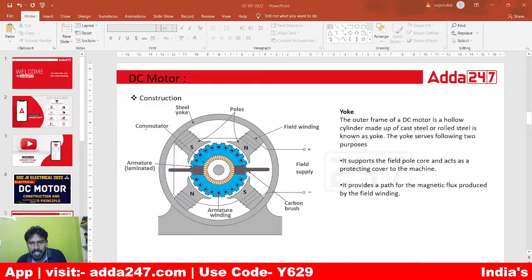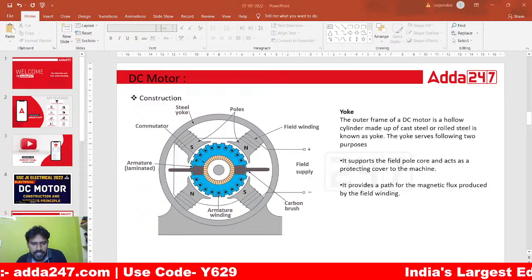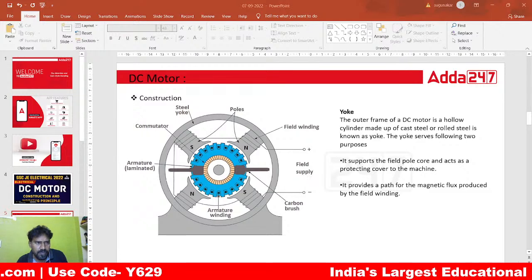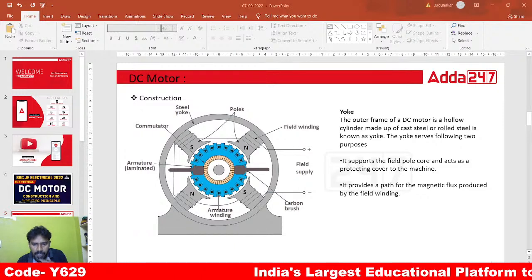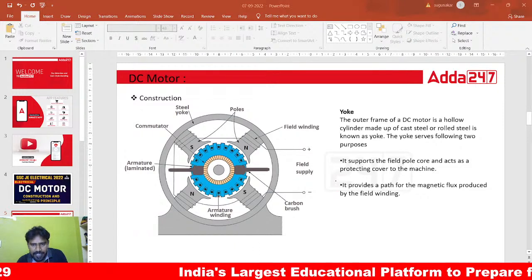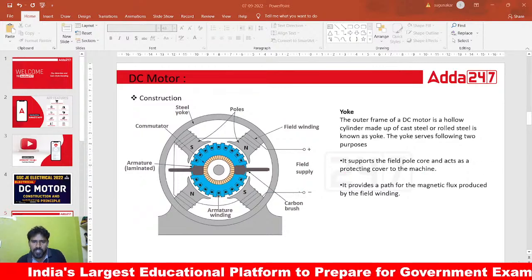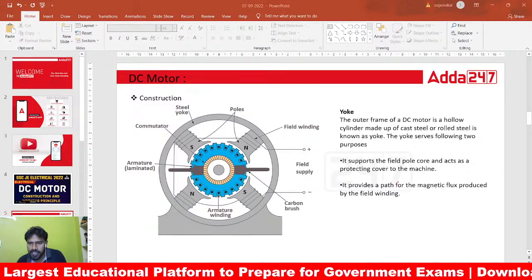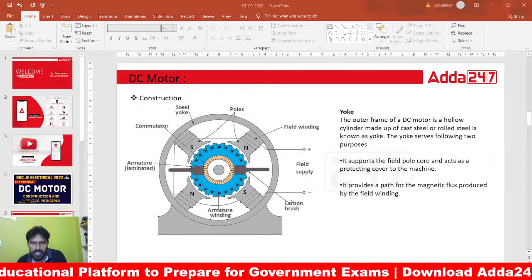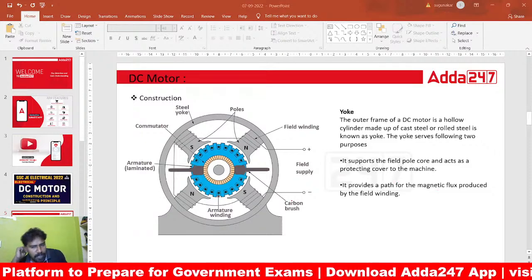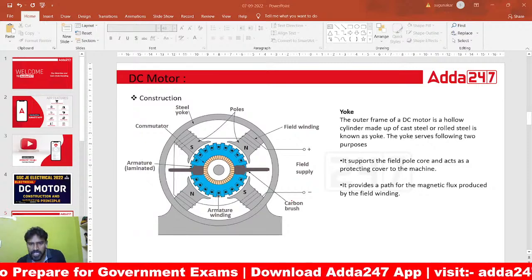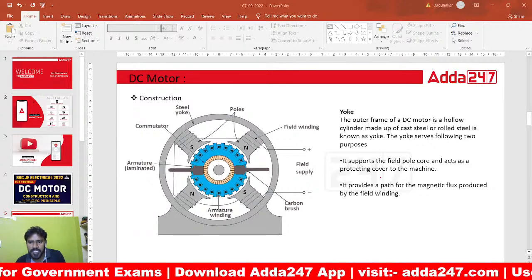Okay, you can see here, brushes. Yes, brushes are mounted on the commutator, used to inject the current from the DC source into the armature winding. Okay, so the main purpose of the brush is to collect the current from the commutator.